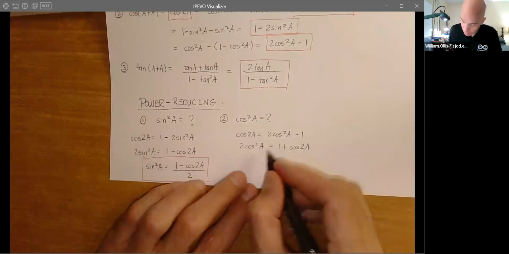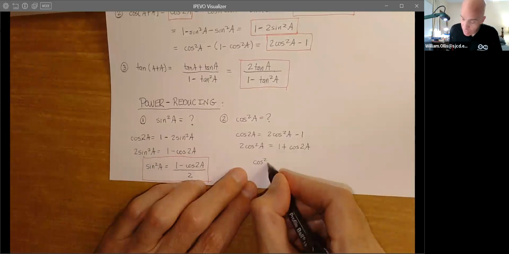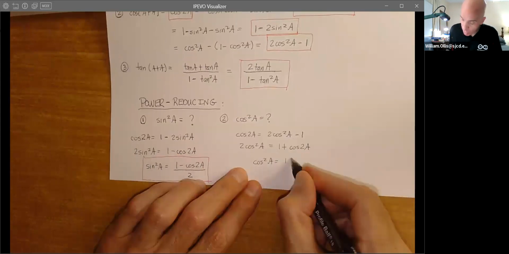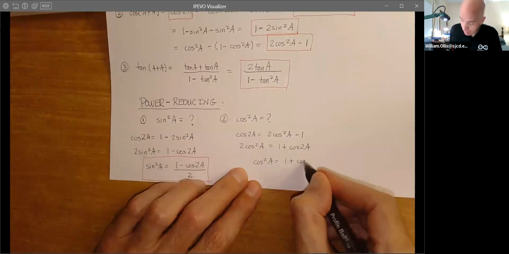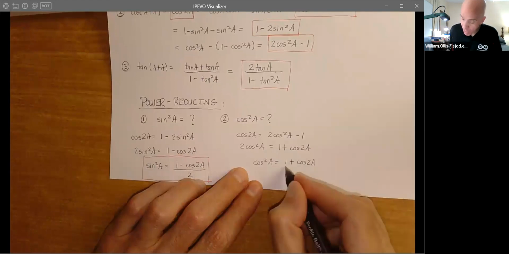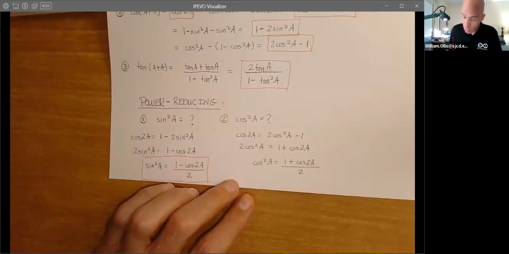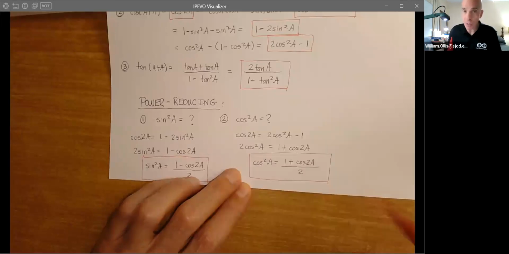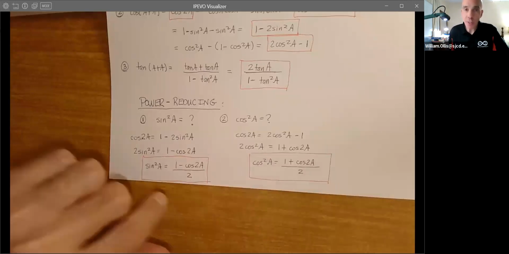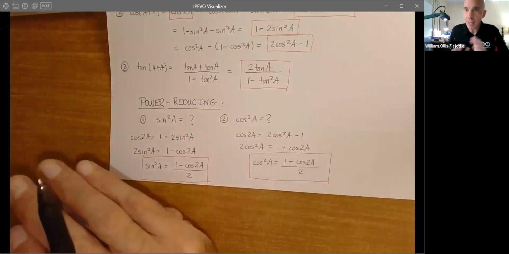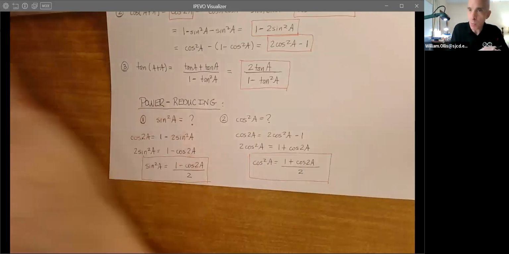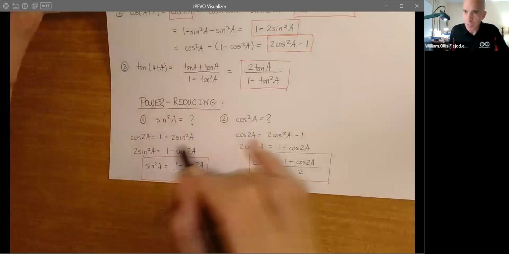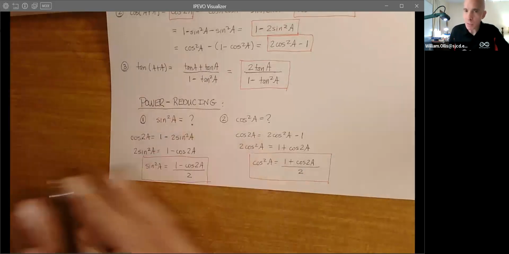Divide by 2. Now, you need to practice doing these derivations. That way you will believe them. Because these have algebraic uses, extreme algebraic uses that we will use heavily in calculus. So these formulas don't get as much play arithmetically as the previous ones, but with the calculus, they are indispensable.